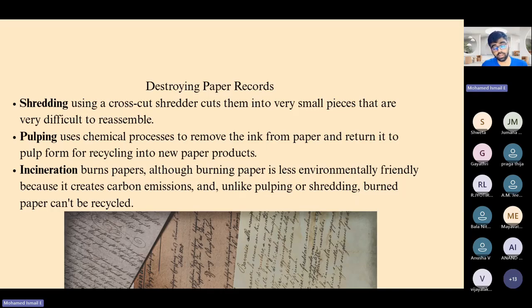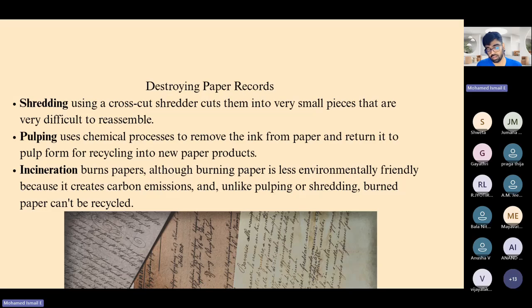Now pulping is for large amounts. Let's say you have maybe 10 kilos, 15 kilos of papers. Then they use pulping, putting it in chemicals and using that pulping method to destroy the records. The final one is incineration, but it requires burning. They burn that paper in a safe zone so that the papers turn to ash, right?